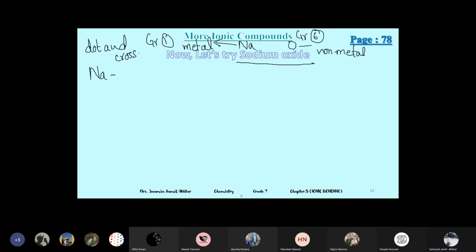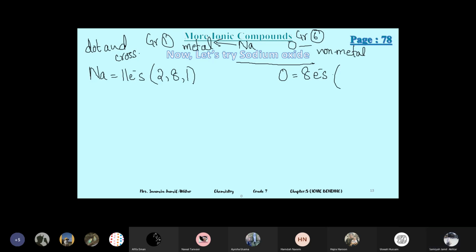Sodium has 11 electrons. Okay, all of you, please try. And oxygen, 8 total electrons. What is the configuration of sodium and oxygen? Electronic structure of sodium. 2, 8, and 1. Yes, sodium 2, 8, and 1.